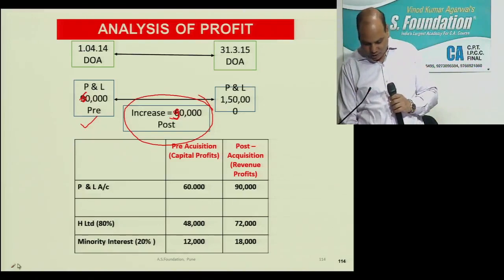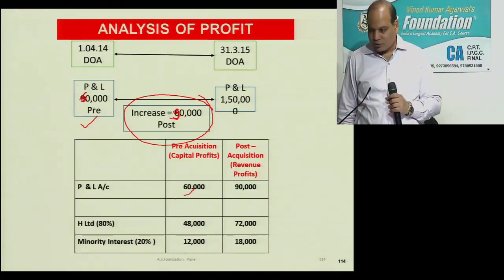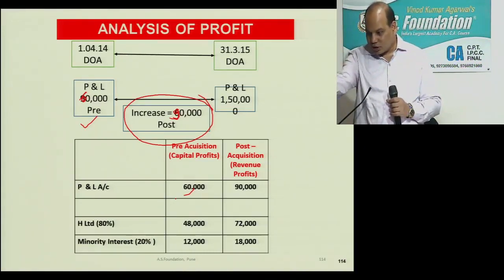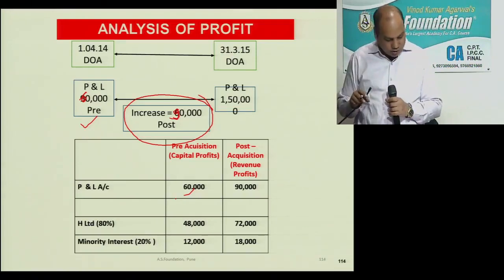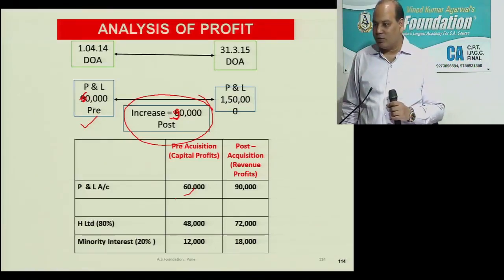Right here, P&L account: pre-acquisition column 60,000, post-acquisition 90,000, and then H Limited 80%, 48,000, 72,000. Yes or no? Calculate minority interest 20%: 12,000, 18,000. Okay. Any query on this bifurcation between holding and minority? Their respective ratio 80 and 20.